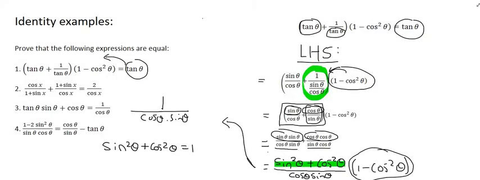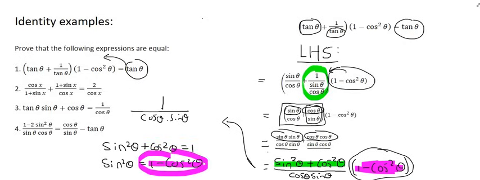So let's try get sin squared theta by itself quickly, and let's see what happens. If you had to arrange that equation to get sin squared theta by itself, you would have to take the cos squared theta over to the other side. And have a look here now. This is the same as that. And so this expression here is equal to sin squared theta.